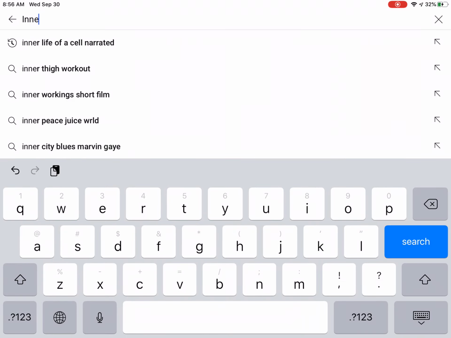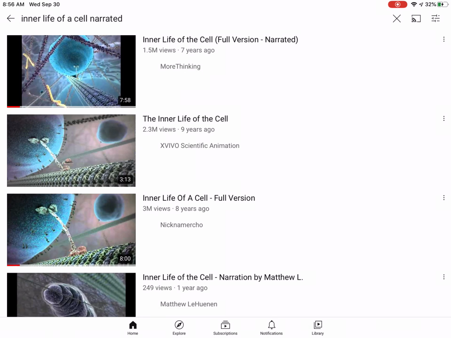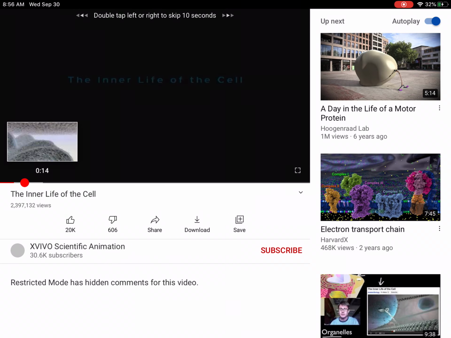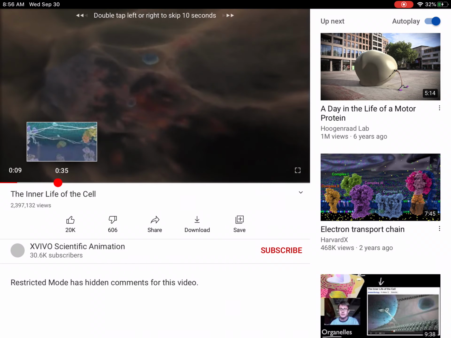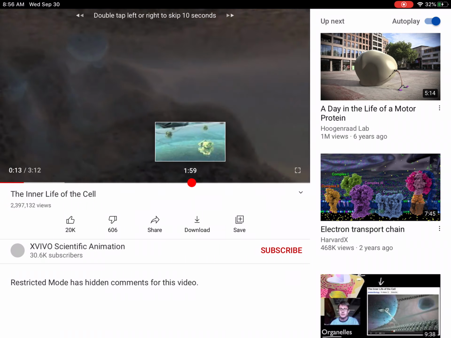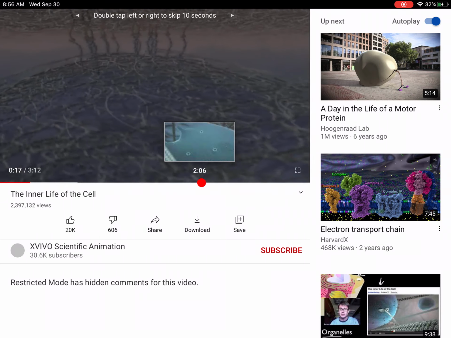Okay, so there's all these pictures, and in here it does show you the nucleus. It does show you RNA coming out of the nucleus and different things like that. So I encourage you to watch it. Oh, it's going to even give me sound. I'm sorry.